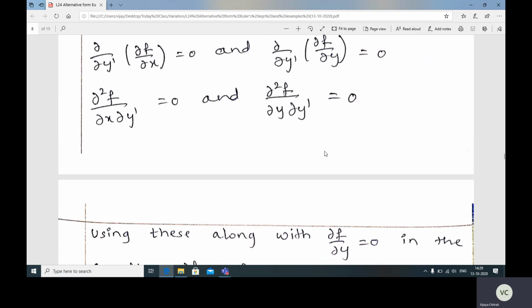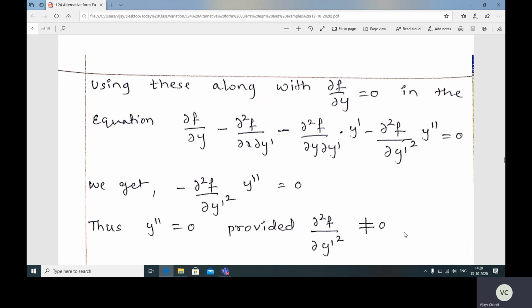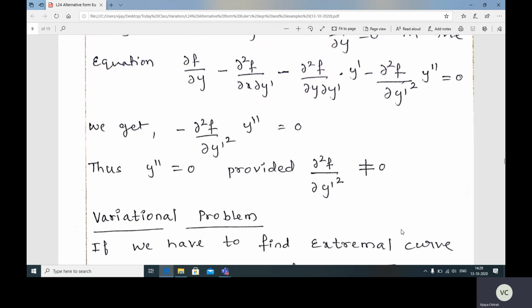Using these two results along with ∂f/∂y equal to 0 in result A, we'll get minus ∂²f/∂y'² into y'' is equal to 0. So y'' is equal to 0 provided ∂²f/∂y'² is not equal to 0.